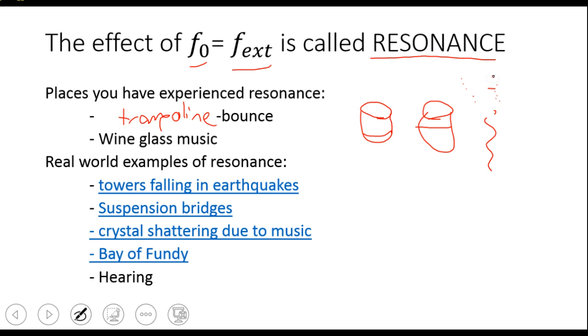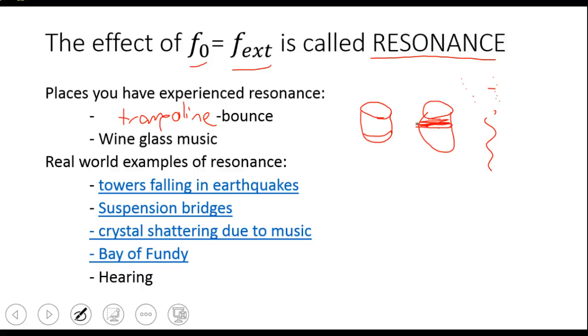High frequency sounds are the same as high pitched sounds, and low frequency sounds are the same as low pitched sounds. If you fill a wine glass all the way up towards the top, you get a much higher frequency, and if you have it very low, you get a low frequency due to the mass. It's kind of like a spring oscillation.